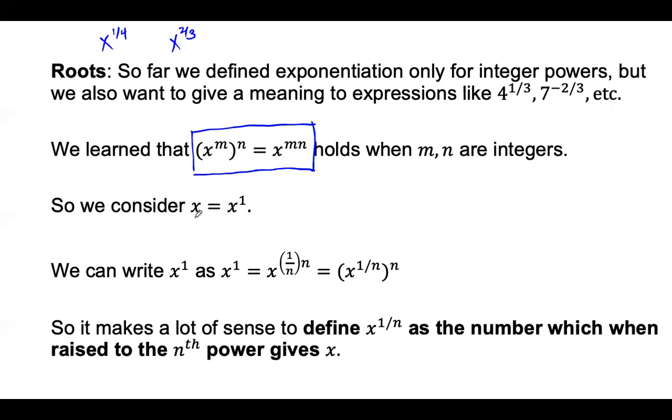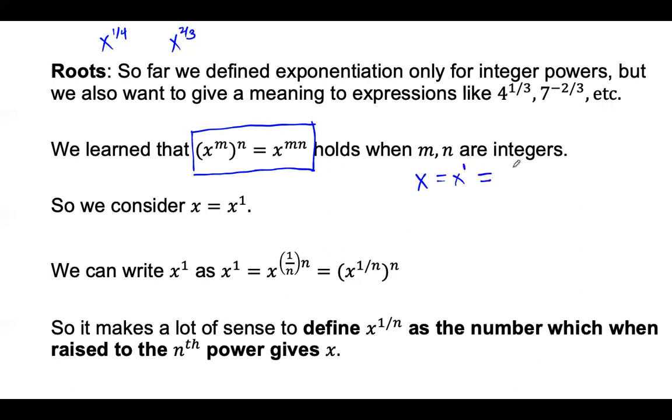So we can consider this. We know that x is basically the same as x to the power of 1. They're equivalent. So let me write something down. x to the power 1, they're equivalent.